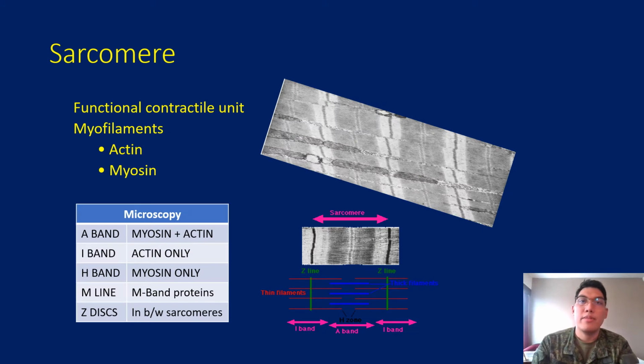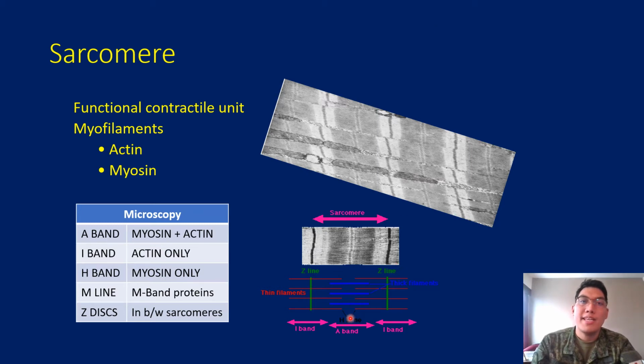Each myofibril can be broken down into repeated segments called sarcomeres, which are functional contractile units composed of myofilaments, actin, and myosin. Under microscopy, sarcomeres form bands. The A band represents the myosin filaments. The I band represents actin filaments in adjacent sarcomeres where there is no overlap between the myosin filaments.